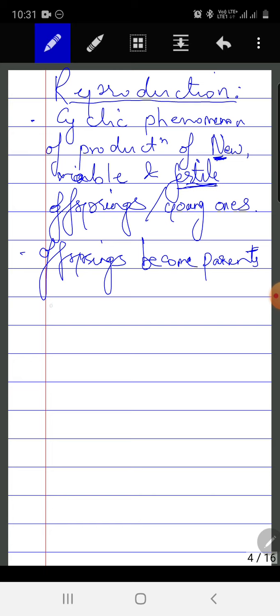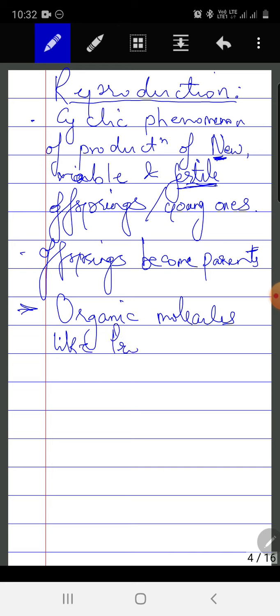Now, when we say the living things reproduce, is it just the living things that reproduce? No. Organic molecules like proteins and DNA also reproduce.